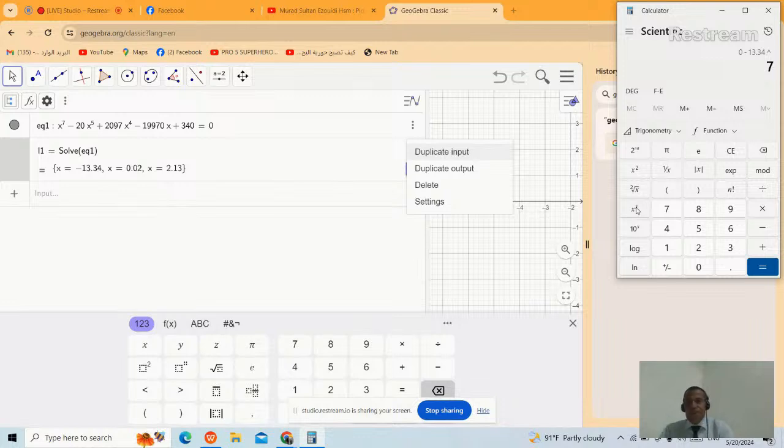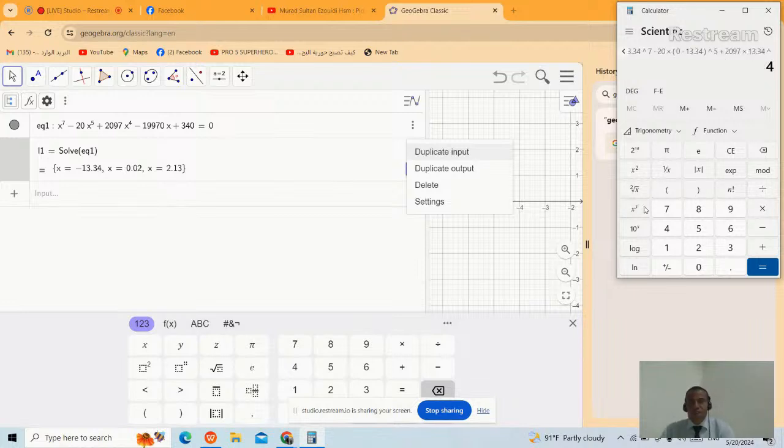Then minus 20 times, between parentheses, negative 13.34, close the parentheses, raised to the power 5, plus 2097 multiplied by negative 13.34 raised to the power 4, positive number, 13.34 raised to the power what, learners?